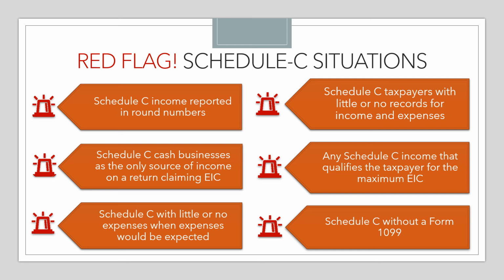And then a Schedule C without a Form 1099, not necessarily that there's anything shady going on with that, but it's something you might want to ask a little bit more about, how this person keeps track of their income, if they're not getting that informational return that's going to help verify that the income came in.